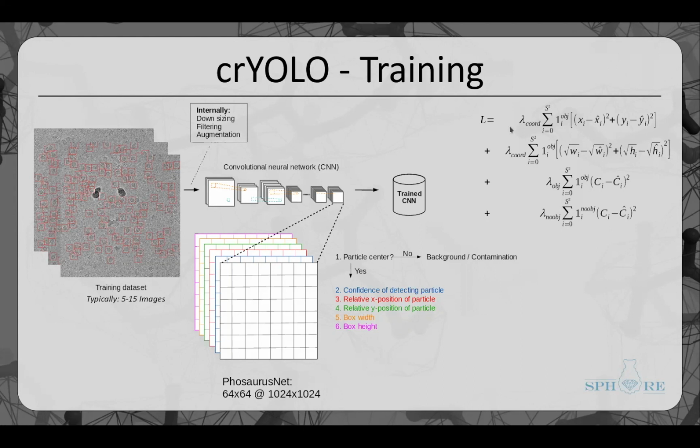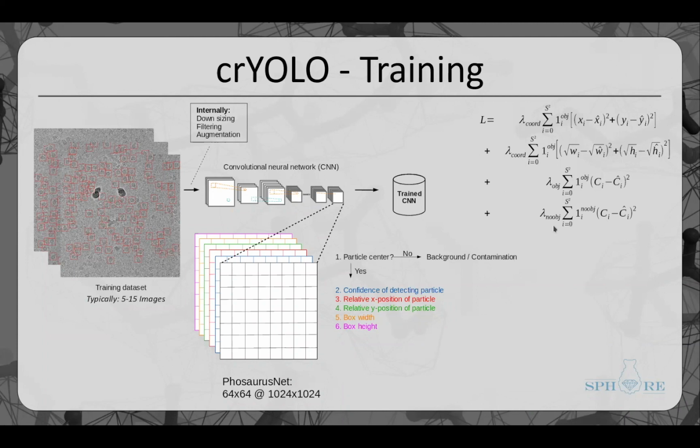Okay, good. So the first part is penalizing errors in the estimated position. The second part is penalizing errors in the estimation of the width and the height of the boxes. And the third and the fourth part are penalizing errors in the confidence.